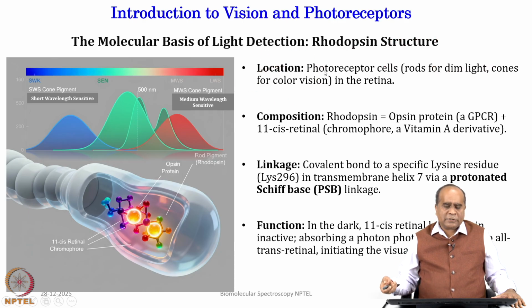So, what is the composition of these photoreceptor cells? We have something called rhodopsin, it is a protein. Opsin is a protein, and it belongs to a class of protein called GPCR, G protein coupled receptor, right. So, you know there is an important class of protein which is called GPCR.